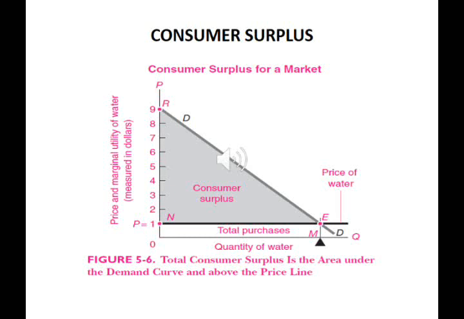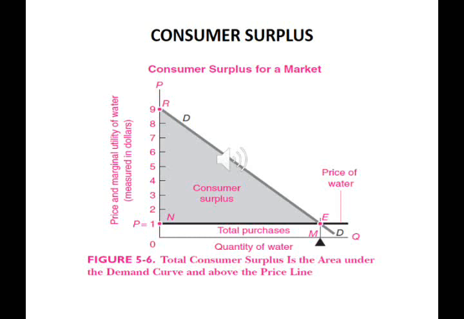The same applies here. The total utility that our consumer will be getting from consuming m bottles of water will be the summation of the marginal utility he will be getting from each unit, and the marginal utility will be represented by the demand curve.